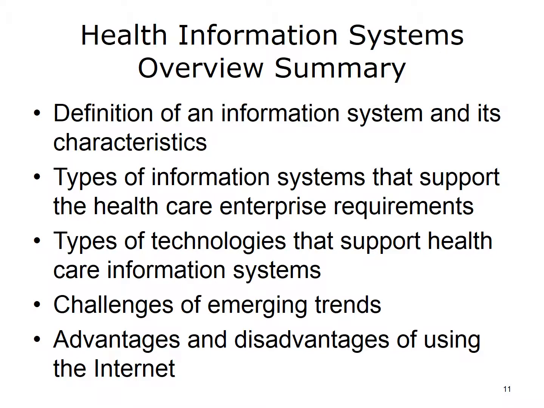These included concerns with privacy and security, risk of liability, lack of law or legislation governing the boundaries, lack of payment for engagement, and resistance by healthcare providers. The advantages and disadvantages of the Internet as a platform for healthcare applications were also discussed.